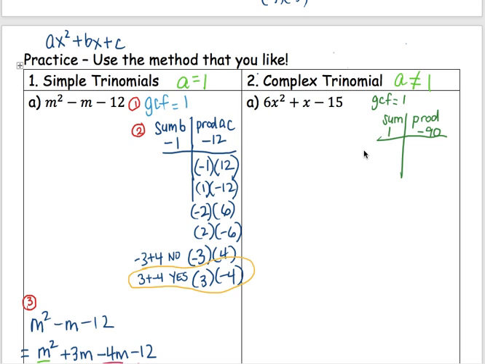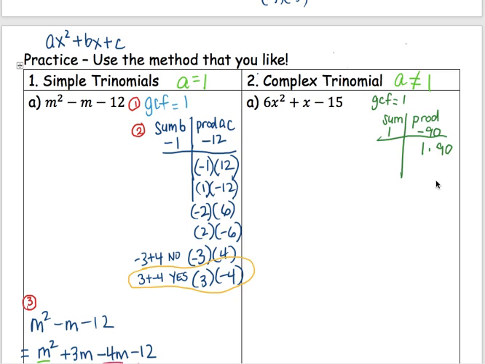And when you know you can get to a value of 1, it's about tweaking it so the signs will work. All right, so again, if you can't think of the two numbers right away off the top of your head, just list them all off. Okay, so again, I'm just going to write the numbers with the signs.